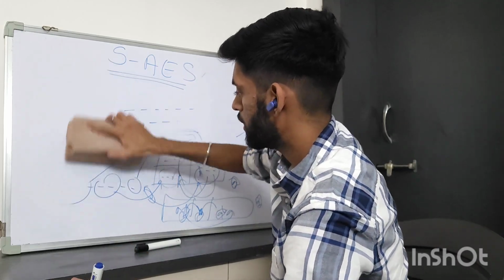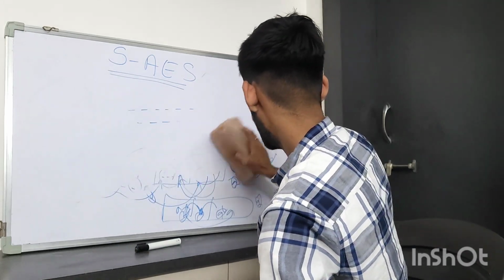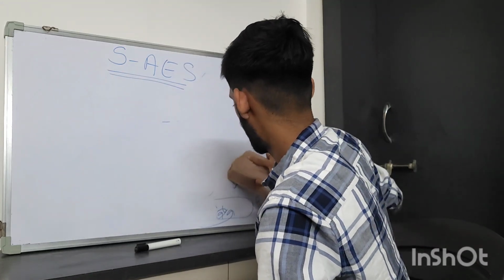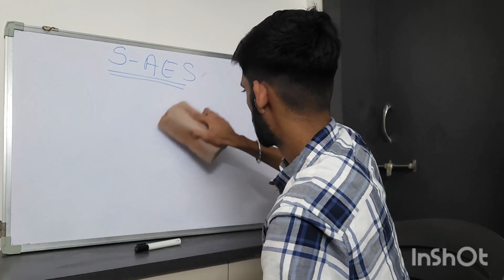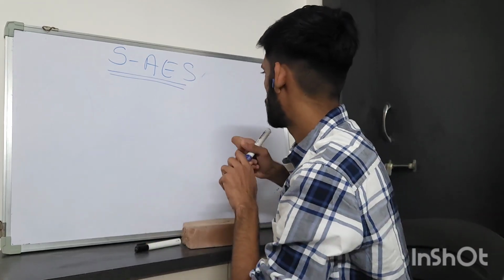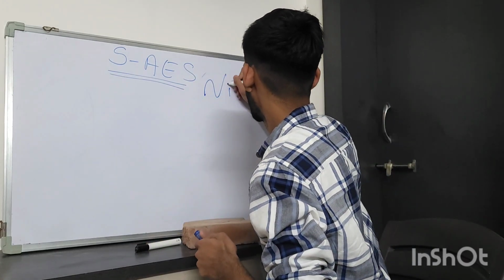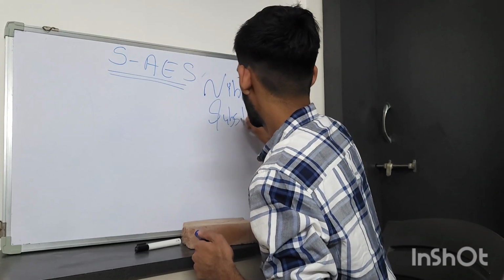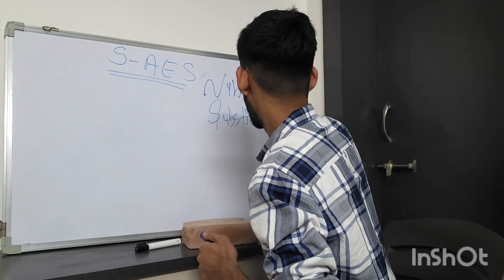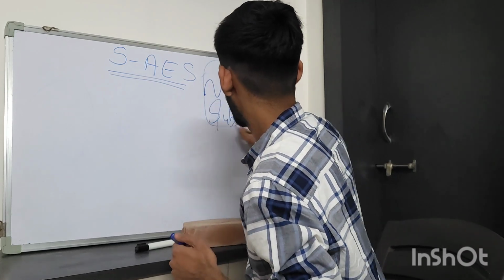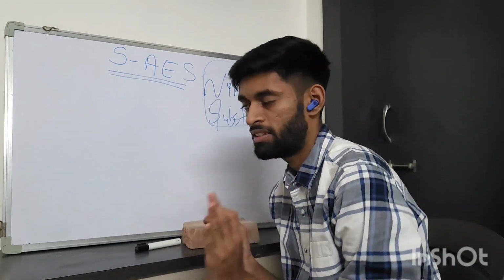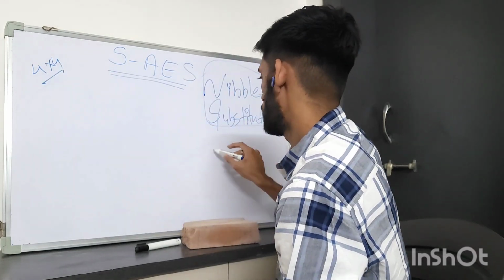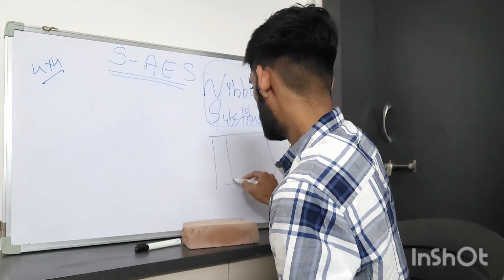The next terminology that one should know is nibble substitution. Basically, in SAES, we are given a matrix of size 4 cross 4 like this.